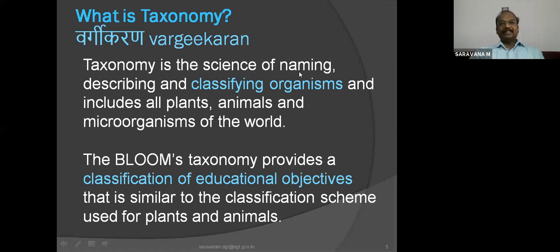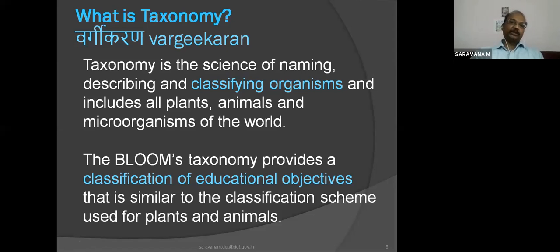Taxonomy is the science of naming, describing and classifying organisms, and includes all plants, animals and microorganisms of the world. So taxonomy means living organisms, every creature, it may be a cell or bacteria or insects, plants, trees, human beings, animals, birds, everything is a living organism.